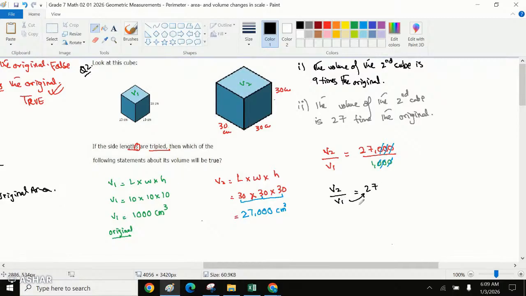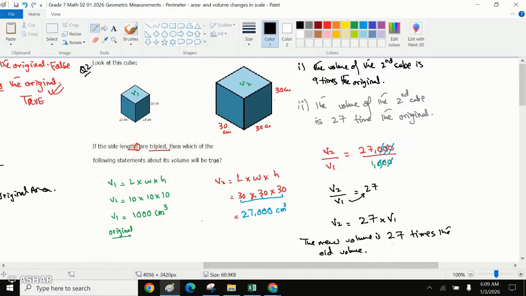And when we cross multiply, that means volume 2 is 27 times volume 1. So which statement should be true? The new volume is 27 times the old volume.